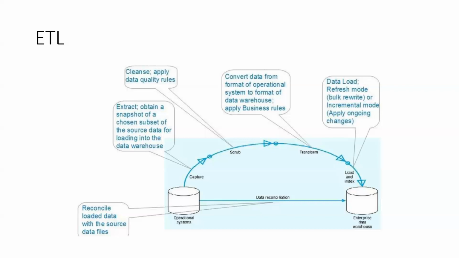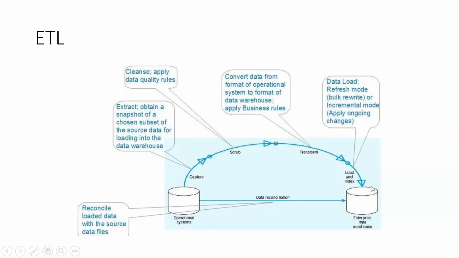Now again, I'm coming back to the data team. The data team flows the data from source to target with the help of some tools or languages, but those are called ETL. ETL means extracting data from the source system, transforming the data as per the business requirements, and then storing the data at the target site.